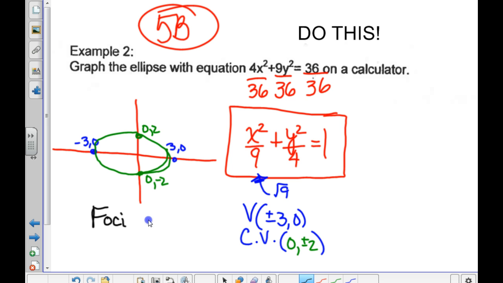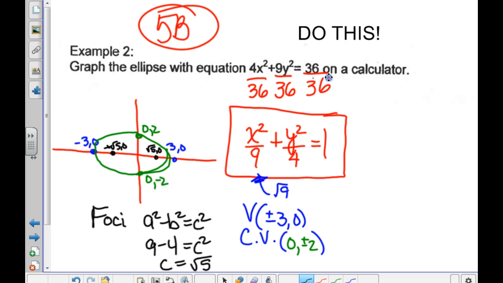Okay, so a squared minus b squared equals c squared would be 9 minus 4 equals c squared, so c is square root of 5. Which axis are they on? The x, negative square root of 5, 0, and positive square root of 5, 0.